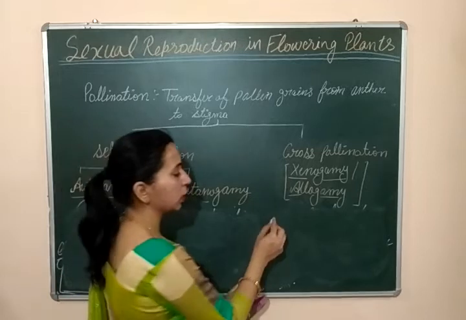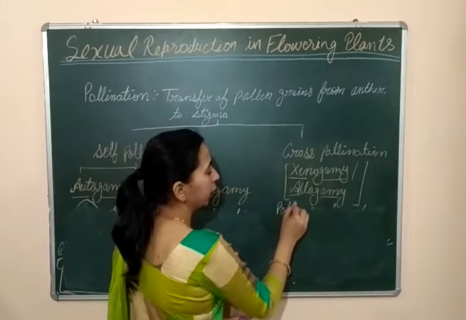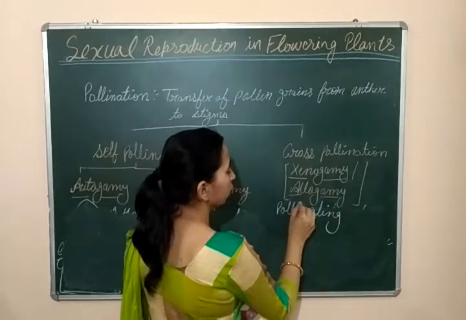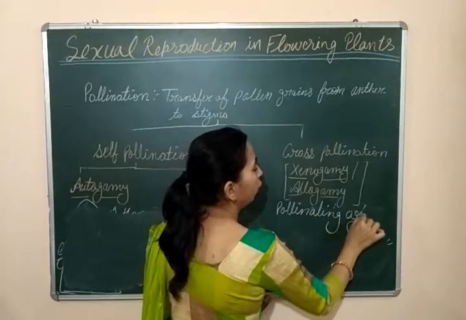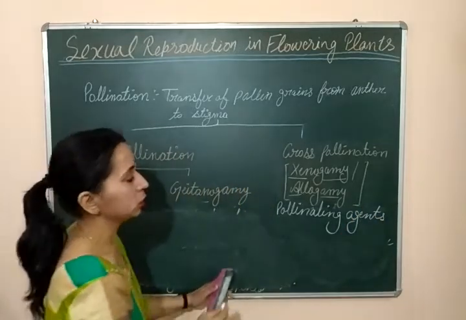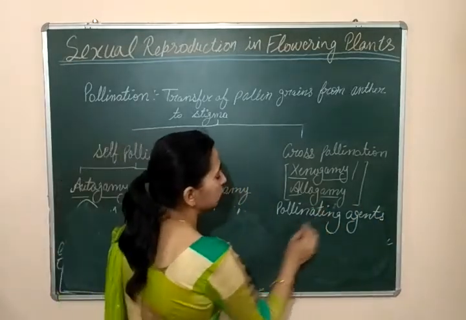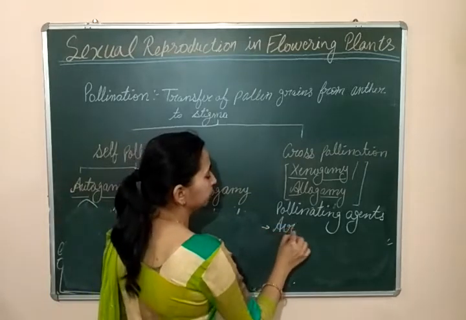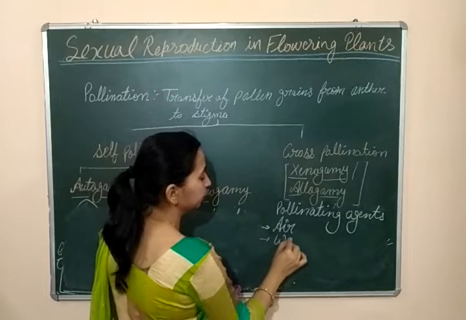Such agents are known as pollinating agents, or we can use the word pollinating agencies also. What could be the pollinating agents? First, this pollination can be done by air or by water.